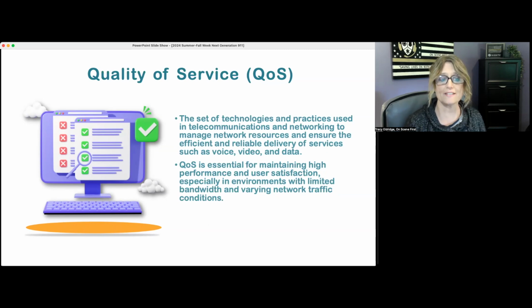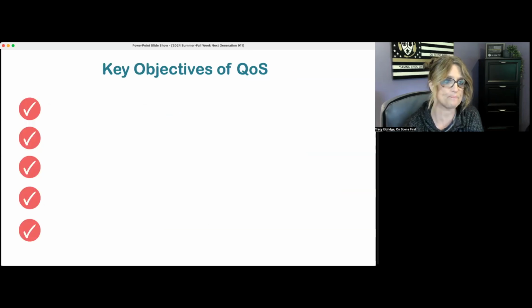QoS is essential for maintaining high performance and user satisfaction, especially in environments with limited bandwidth and varying network conditions. So think of it just like your quality assurance in the 911 center, but it's on a network. So it's constantly checking pathways, it's checking the speed, the integrity, the amount of traffic that is on any one part of the network at any time.